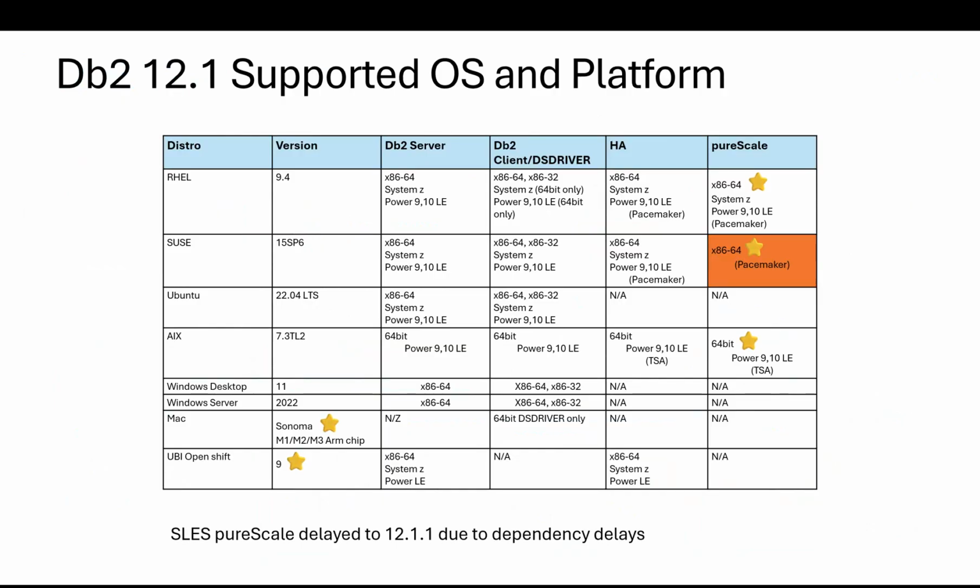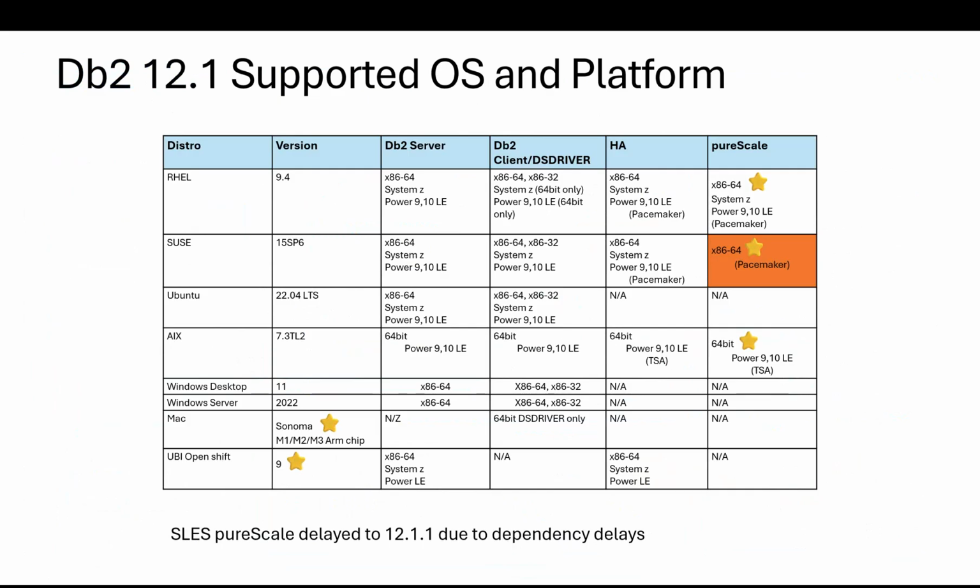All right, the other big change people need to be aware of is really the OS and platform support. As V12 is a major release, the one thing we do on major releases is we update what levels of OSs we support by default.